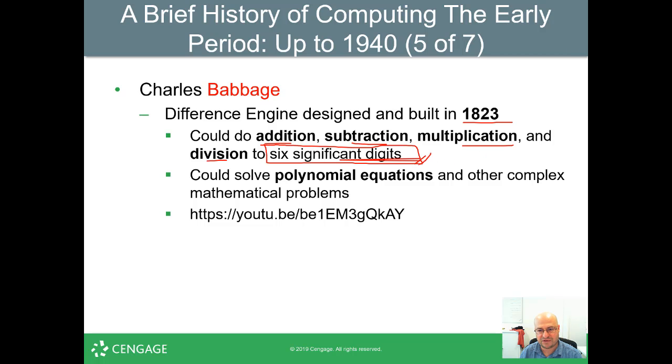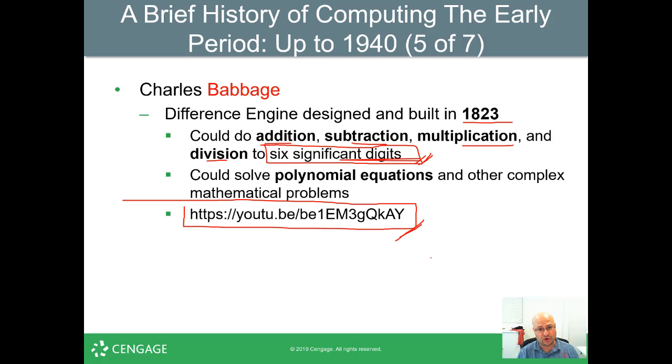It was a terrific machine. It could solve polynomial equations and other complex mathematical problems. There is also a video of the Babbage machine, a reconstruction of which is currently in the Science Museum in London, and you can see it running by clicking on this YouTube video.